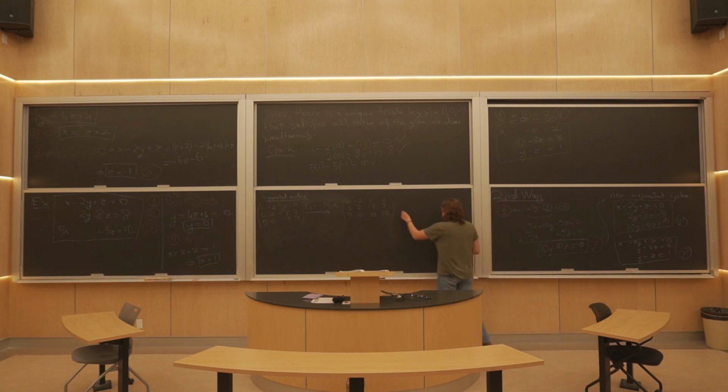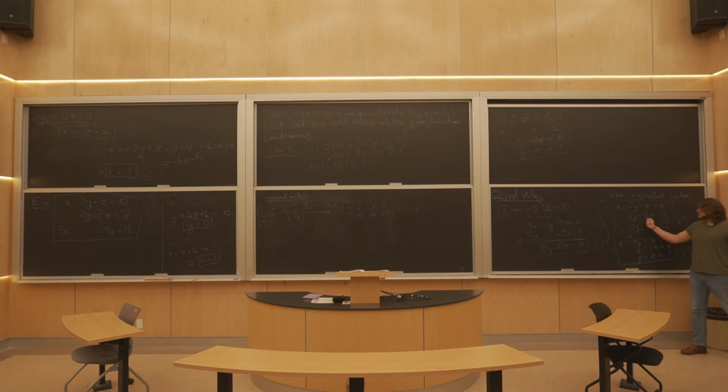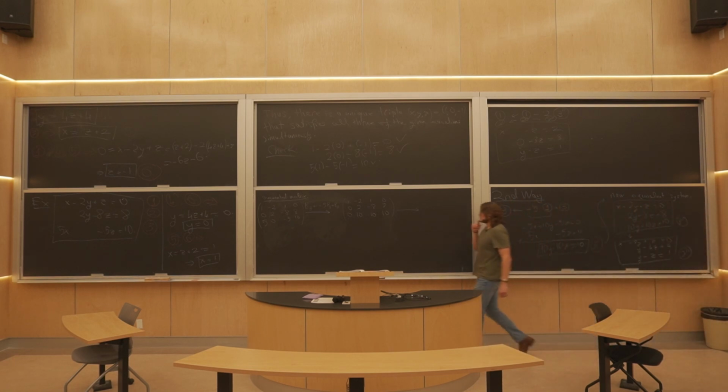Let's continue. Again, an arrow. So now what did I do? From this step to this step, I scaled the second row by a factor of 2. And then I scaled the third row by a factor of 10. The way I'm going to write it is like this. Replace row 2 by 1 over 2 times row 2. And replace row 3 by 1 over 10 times row 3.